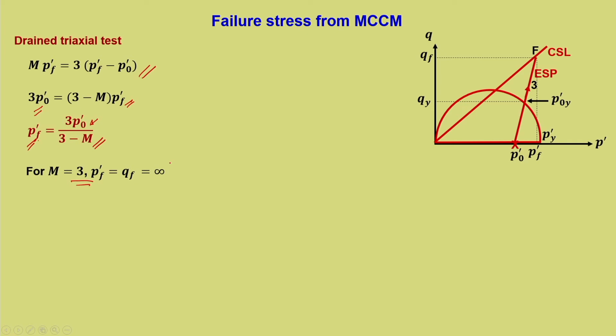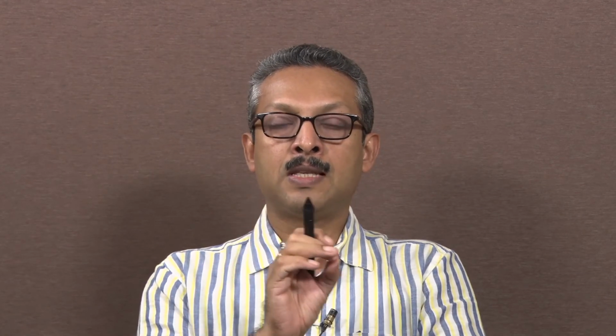That means, at the particular point 3, if you remember our discussion earlier, we have discussed about tension cutoff zone from the origin. When we discussed this in our previous lecture, we told that the same thing will be discussed later, how you are drawing a tension cutoff zone at an inclination of 3 from the origin.